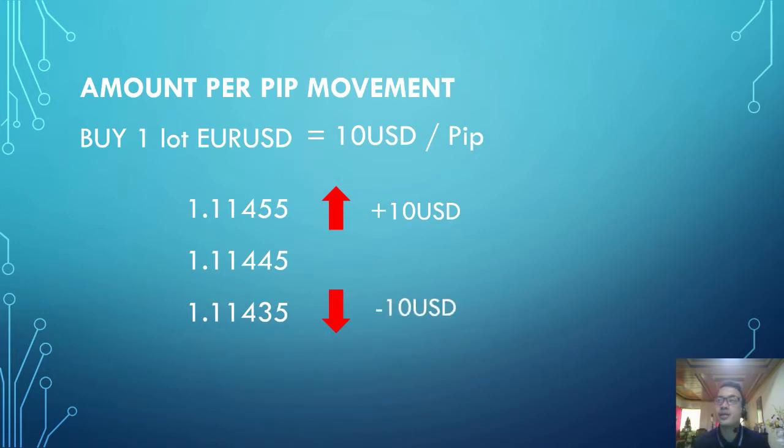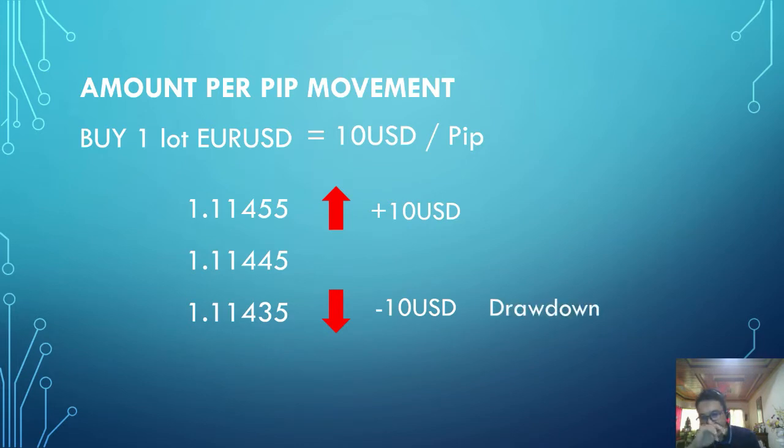Now, I think you've heard about drawdowns, right? If you have friends who trade in Forex, you've heard them talking about drawdown. Drawdown is actually the negative floating of your account. So if you ordered a buy at 1.11445, and the price started to go down by 1 pip, so 1.11435, you have negative 10 USD.